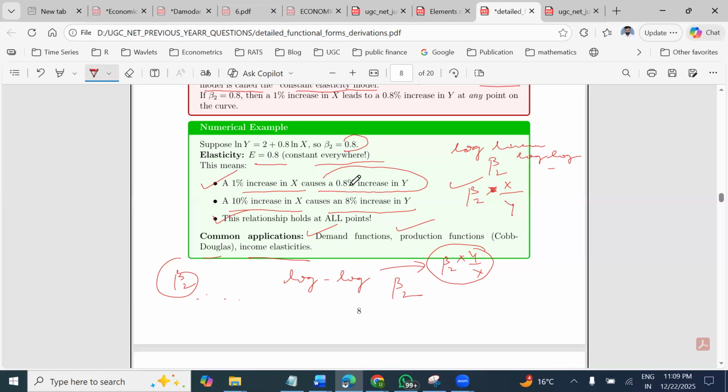So always remember that percentage interpretation is much better than interpretation in units. That is the reason it is better to convert, because the underlying economic meaning is there. Is it clear?